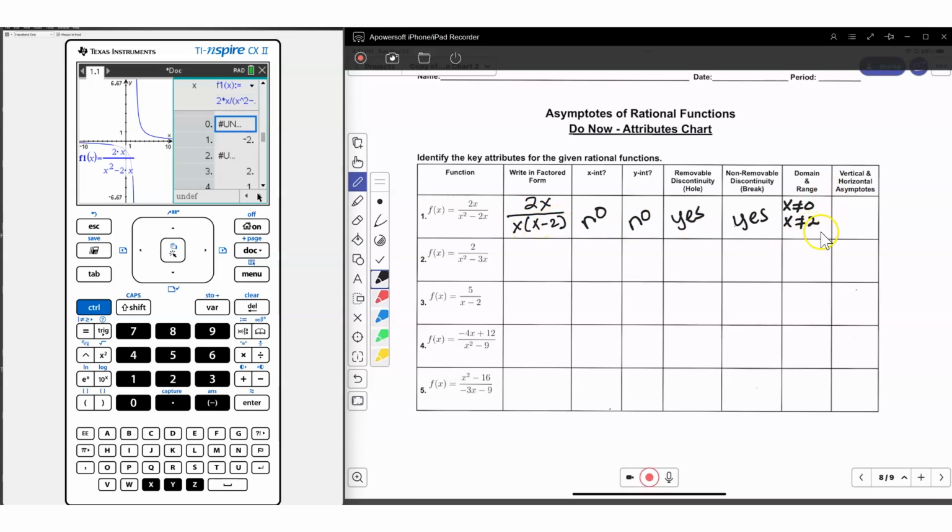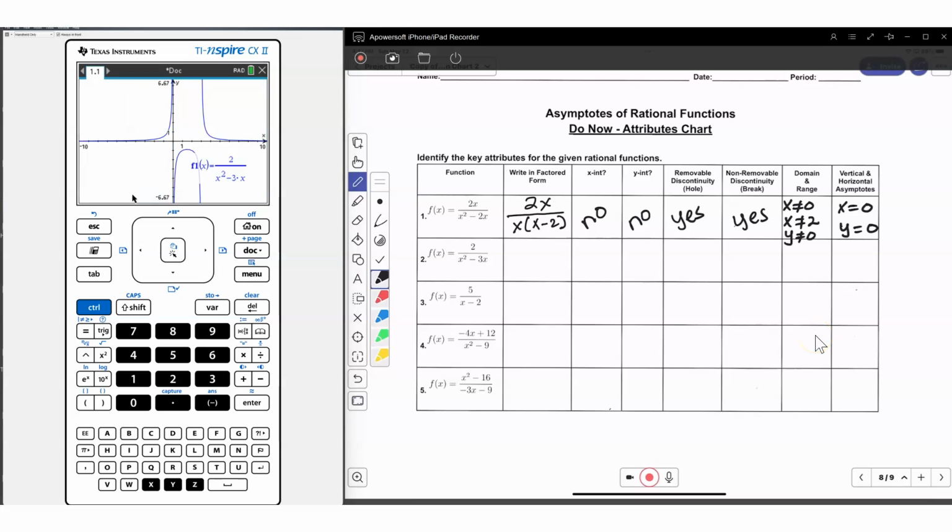So that's the domain. The range is all numbers except for 0. Now, if you notice, your vertical asymptote is where it's undefined here. So we have x equals 0, and our horizontal asymptote is y equals 0.